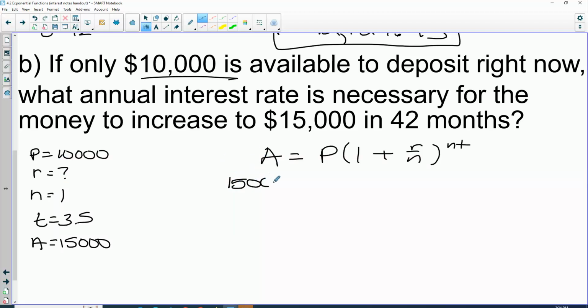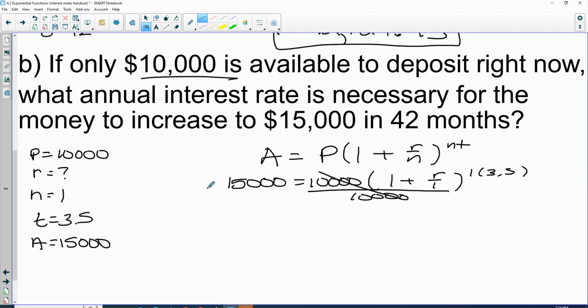So we plug in. How could I get rid of this 10,000? It's multiplied, so we have to divide it.